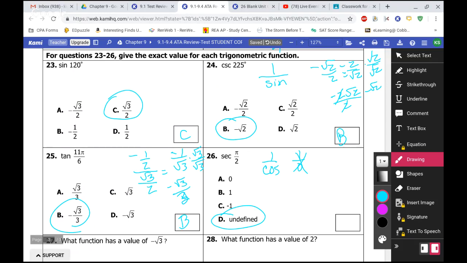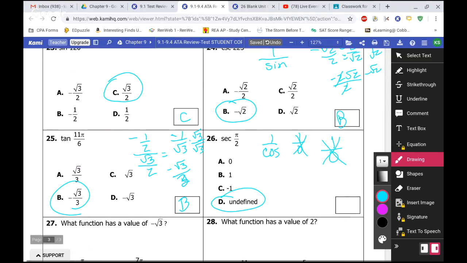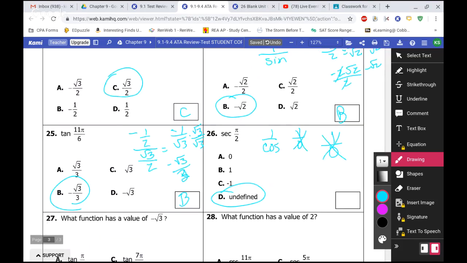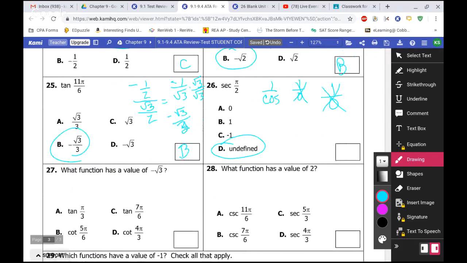Why is it undefined versus just 0? Because you can't divide by 0. That makes math people shudder. 1 over 0 is a no-no. 0 over 1 is acceptable. 1 over 0 is not.